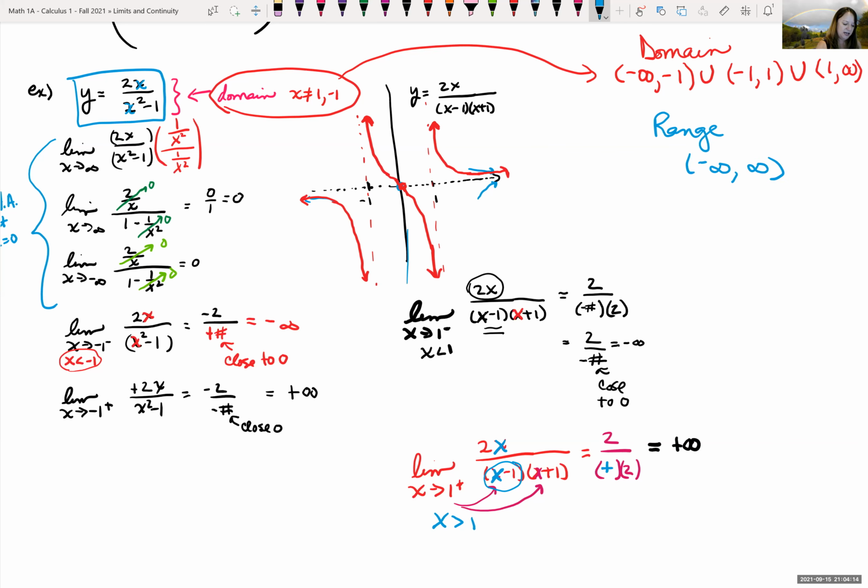Range is the only time that we use the y values when we're looking at interval notation. Other than that, we always use x values. And so knowing where your asymptotes are can help you find your domain, your range, and your intercepts.